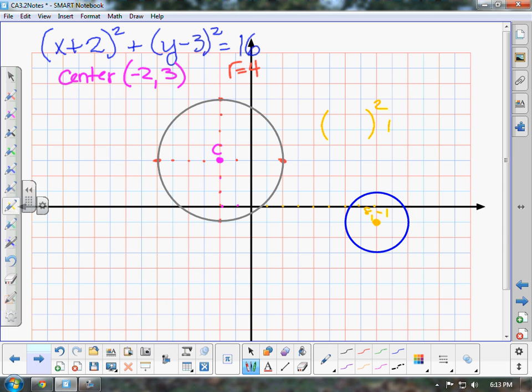So because the x value is 8, we'd put x minus 8. Y value is a negative 1, so y plus 1. And now the radius of our circle is 2. So then we would have to put 2 squared on the other side, or just make it 4, because that's what 2 squared is.